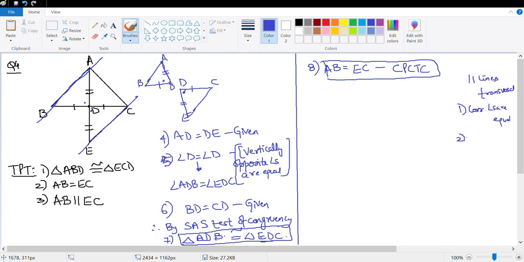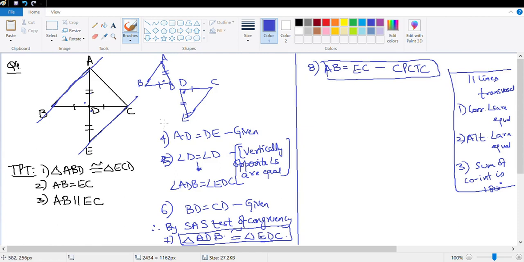Anything else you remember? Yes, alternate angles are equal. And anything else? Yes, the third point is the sum of co-interior angles is 180 degrees. So these are the three properties which I remember. I just revised it quickly. So let's see if I can prove any of these.